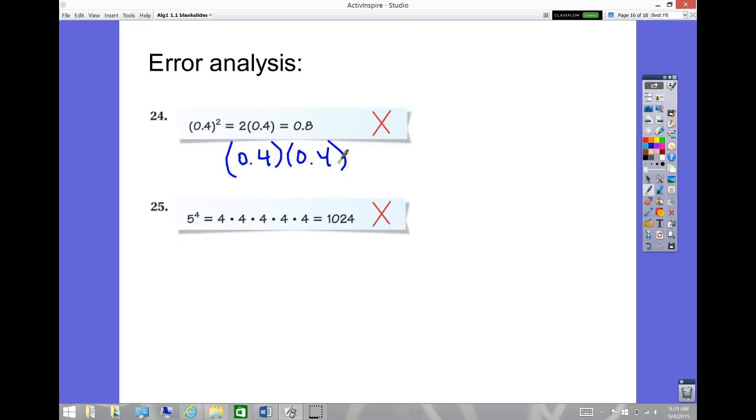That was the mistake. Okay, what's wrong here? 5 raised to the 4th power. Okay, here I see 4 5 times. Isn't that right? What's not right? Okay, remember, it's the base which is being multiplied times itself, not the exponent. So they've reversed the roles of the base and the exponent here. We don't want 4 5 times. We want 5 4 times.